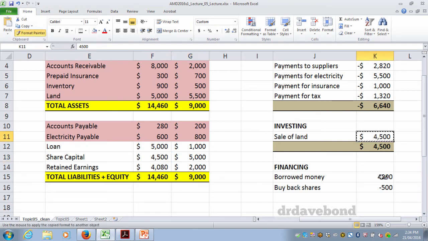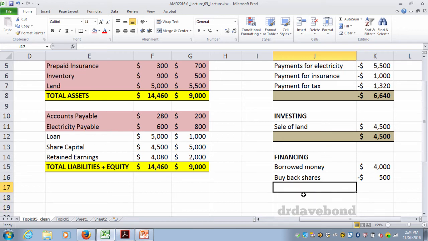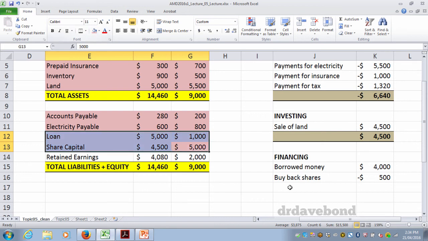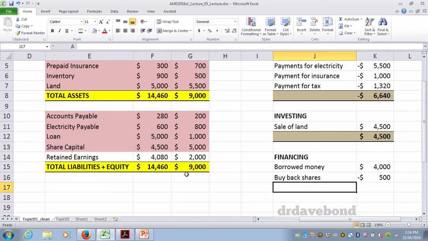Now the last one, and I know you know how to do this, because we've done these sort of things before, even though it's not in this context. I want you to work out what the amount of dividends paid was.